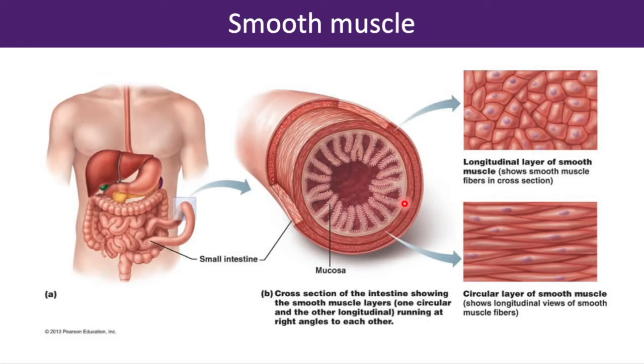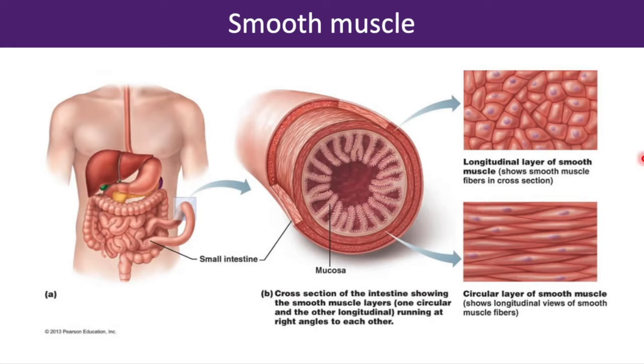Here we can see the wall of the intestine consists of 2 layers of smooth muscle, which are the longitudinal layer, the outer layer, as well as the circular layer, the inner layer. The longitudinal layer contracts, relaxes, shortens, and lengthens the gut, allowing food to move in one direction.